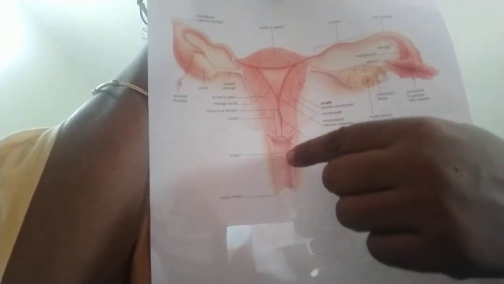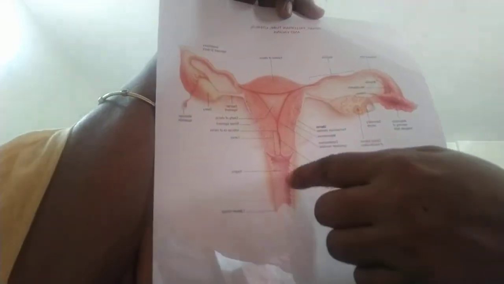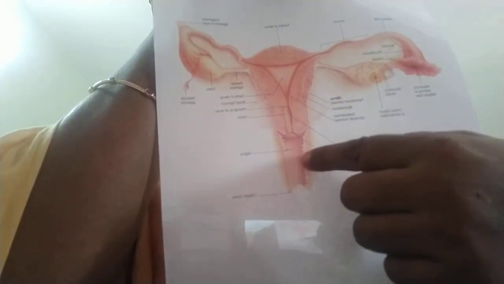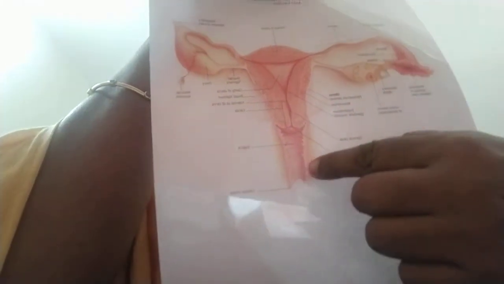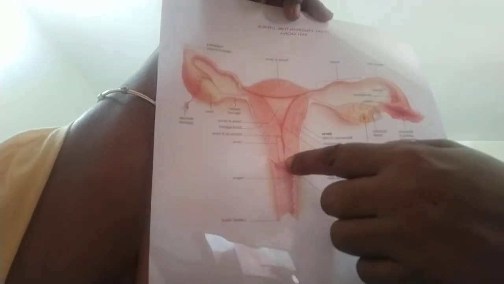It forms the lower part of the internal genital tract to provide the canal for menstruation, the coital canal, and the birth canal. This is the vagina, and over the vagina there is a cervix.